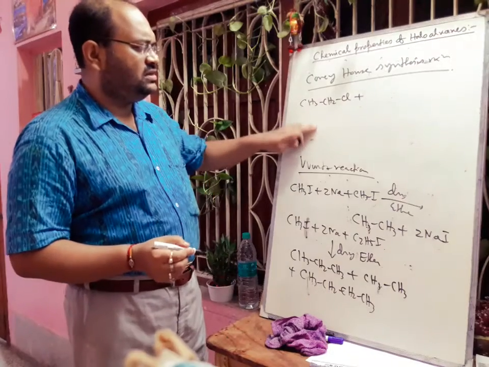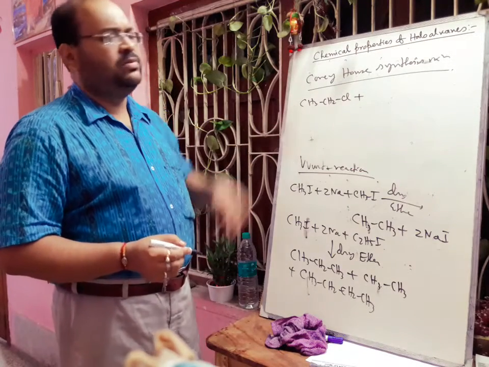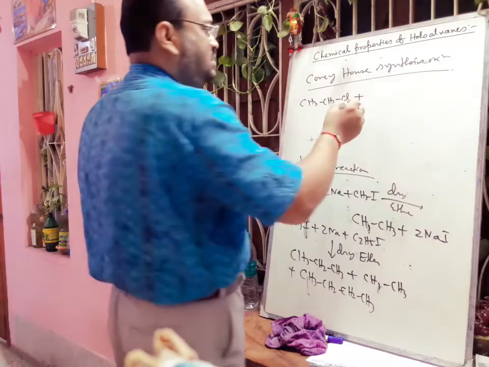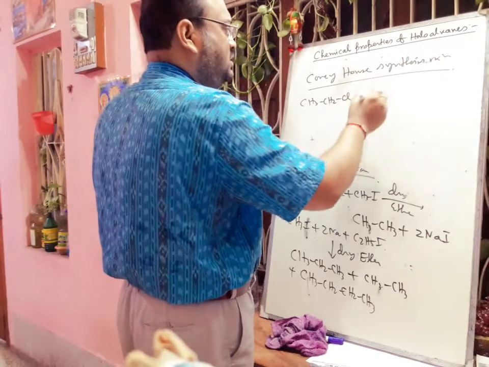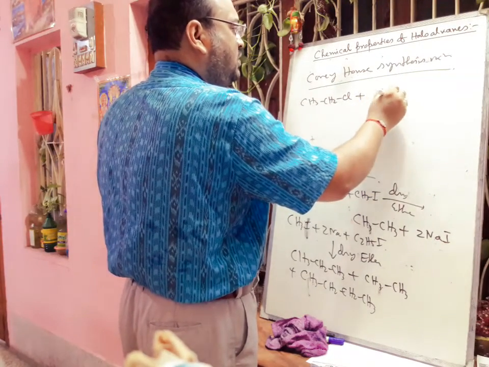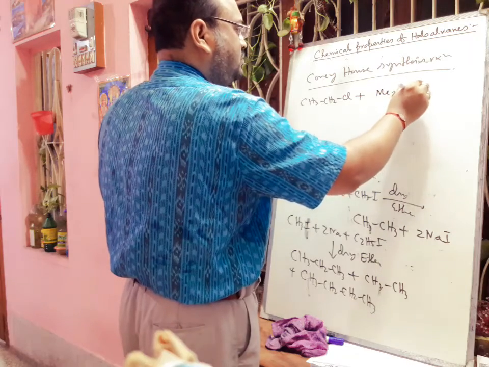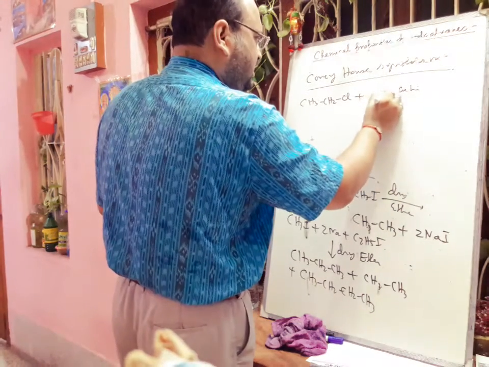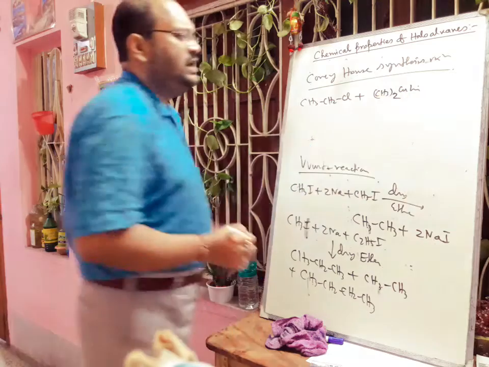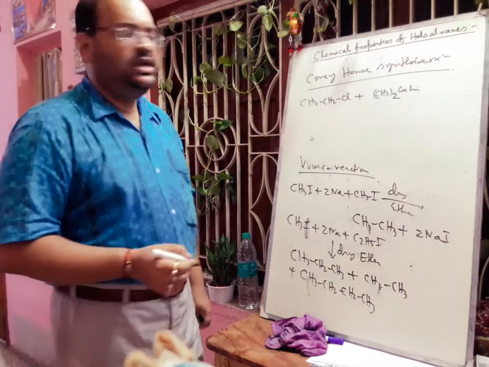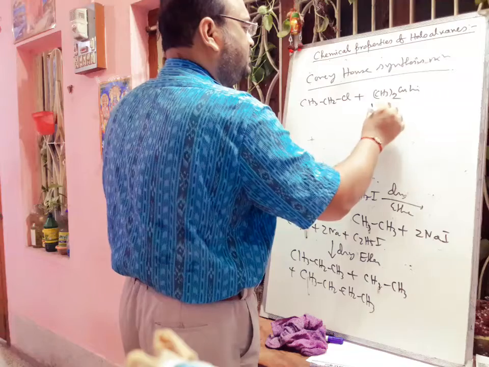We are taking an alkyl halide containing 2 carbon atoms, and the reagent, Corey-House reagent, is Me2CuLi, or you can write (CH3)2CuLi, dimethyl copper lithium, in presence of dry ether.